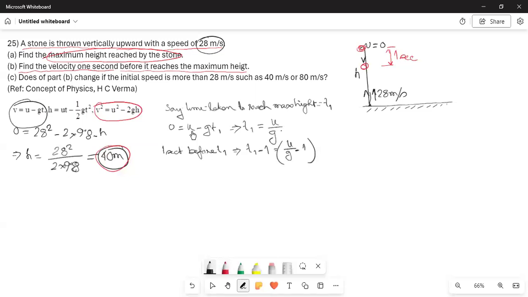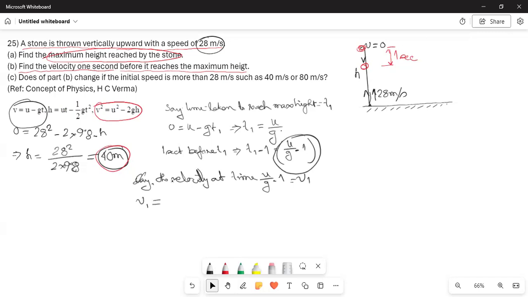Now, we shall find out the velocity at this time, u by g minus 1. Say the velocity at u by g minus 1 is v1.